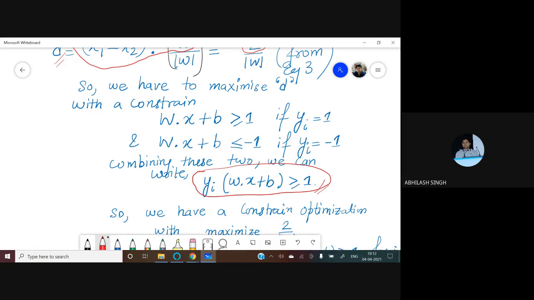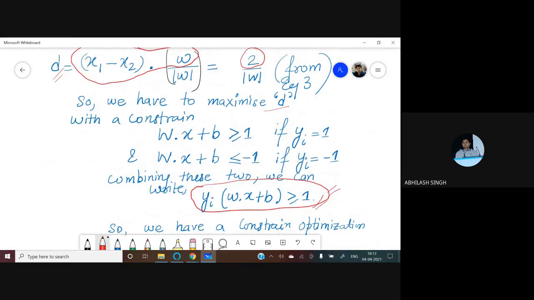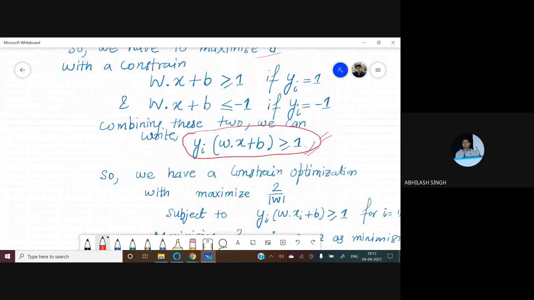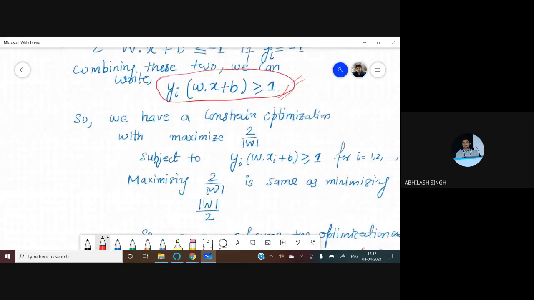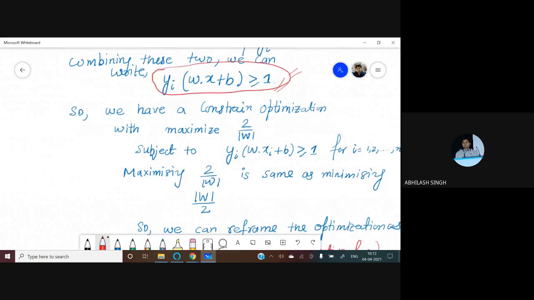So what we have to do is maximize d with this constraint, and d is 2 by mod of w. So we can reverse the thing: maximizing 2 by mod w is nothing but minimizing w by 2.